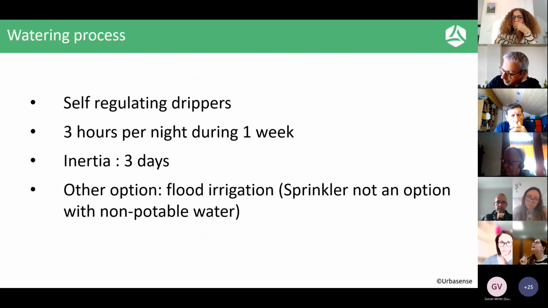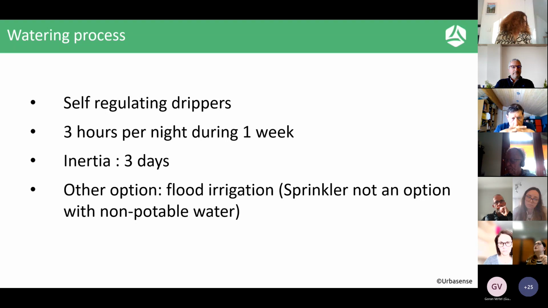Next, please. What is the watering process? We have self-regulating drippers on the site, and we water 3 hours per night during 1 week, because we really need to water the whole soil where the trees are. We saw that we have an inertia of 3 days.